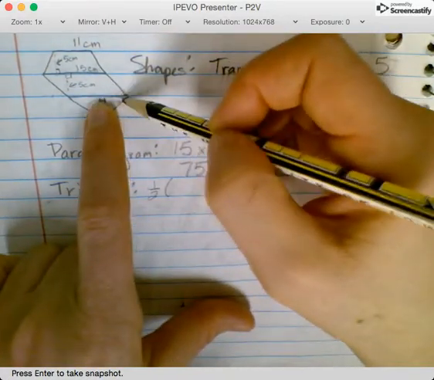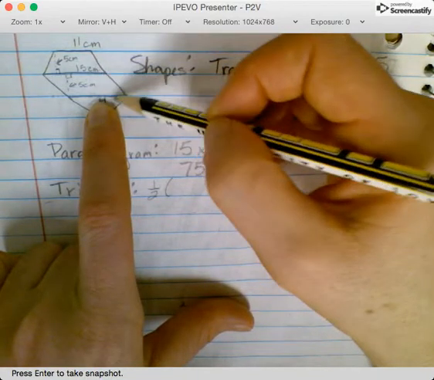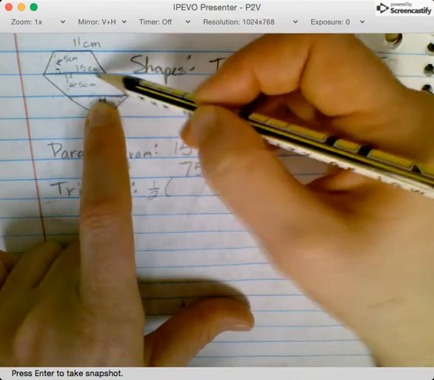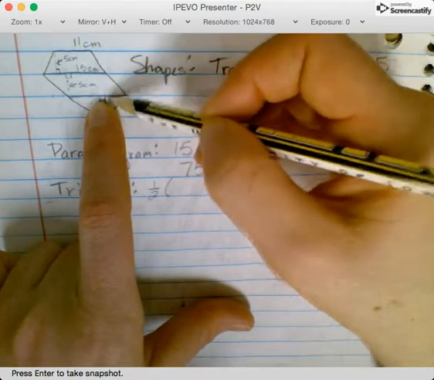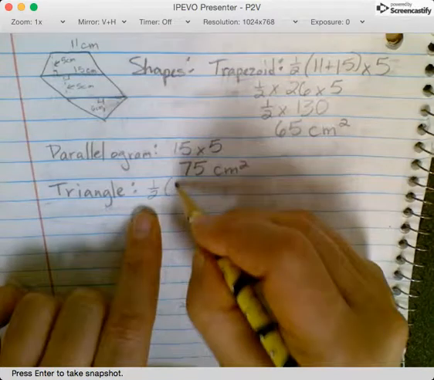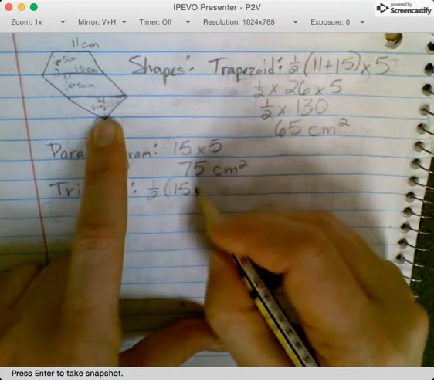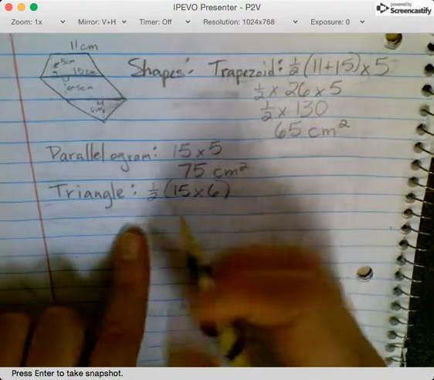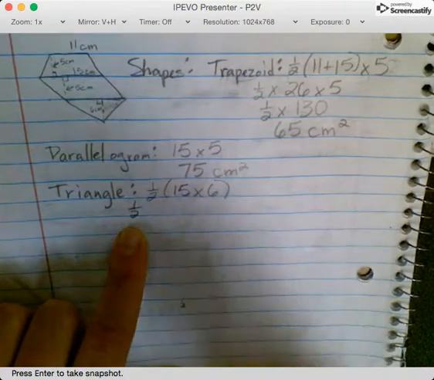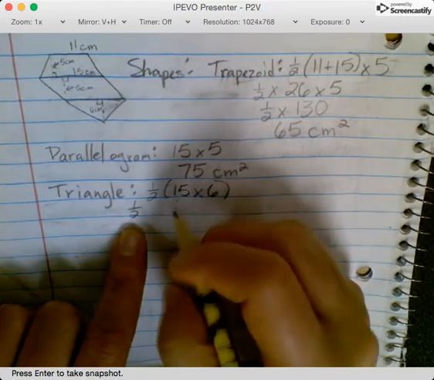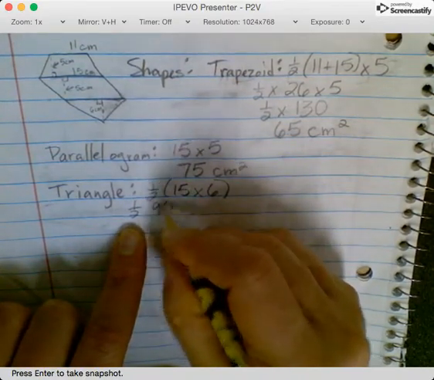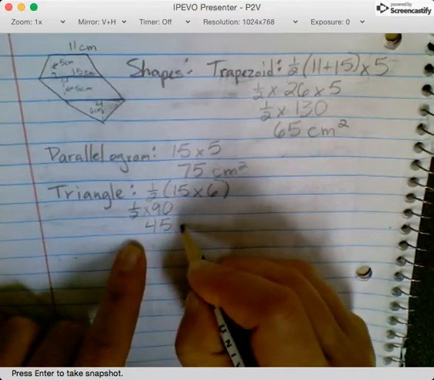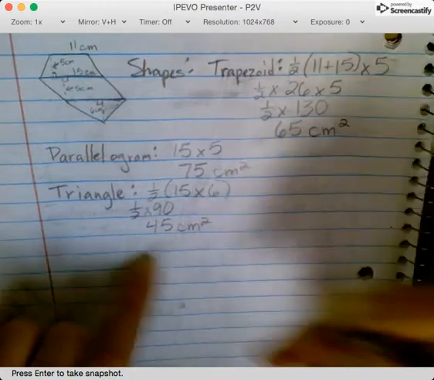Now, it doesn't have a base labeled, but I know that this is a parallelogram, which means that this side is the same length as this side, which means that this side is also 15. And I take that times my height, which is 6. So that ends up being 1/2 of 15 times 6, which is 1/2 of 90. And 1/2 of 90 is 45, and that's in centimeters squared.